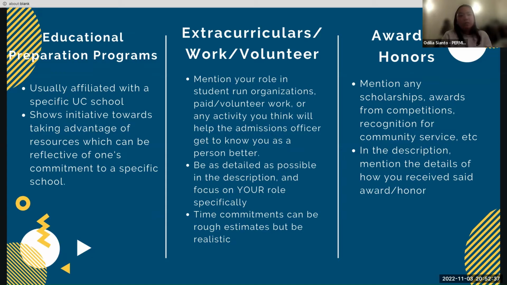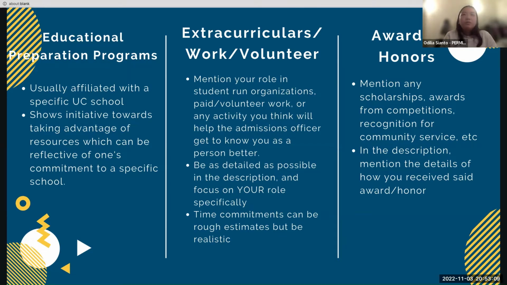What I've realized is that if you've joined them, they show your dedication to a certain school. They show the admissions officer that this student really went out of their way to find resources from the specific school to be more competitive in their application. That's what you want to showcase if you put an educational preparation program into your list of awards or extracurriculars.